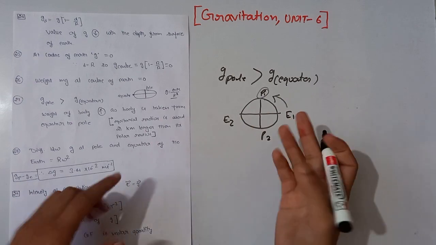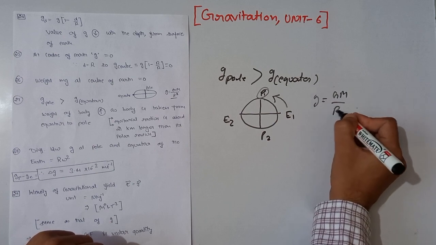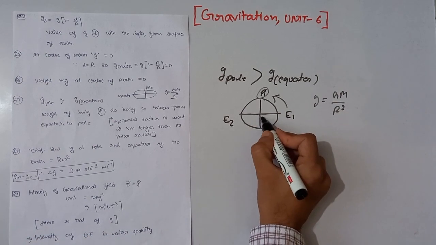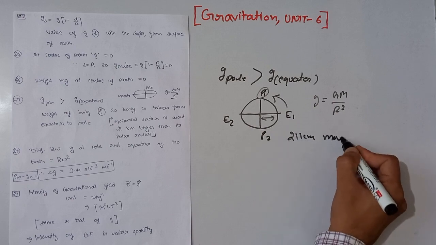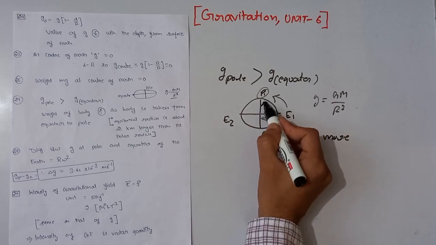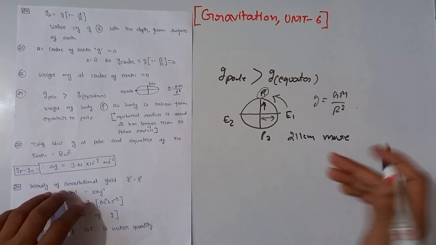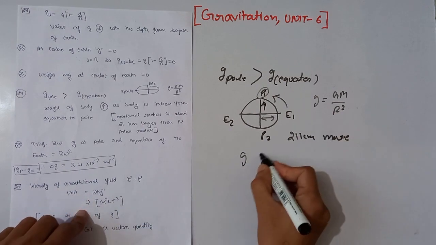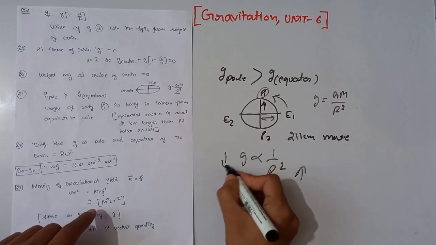This is because we know that g is equal to GM divided by r squared, and the radius at the equator is 21 kilometers more than the radius at the pole. So g is inversely proportional to 1 divided by r squared. If r increases, the value of g decreases.